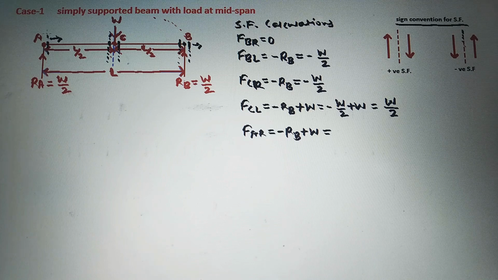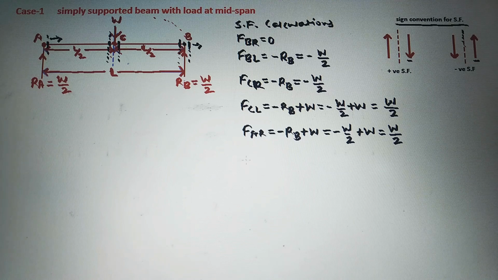See again, shear force at a section just right of A. First load is RB, second load is W. RB is negative according to the sign convention for shear force, and W is positive. So what is RB? RB is W by 2, so minus of W by 2 plus W, and that should be equal to W by 2.